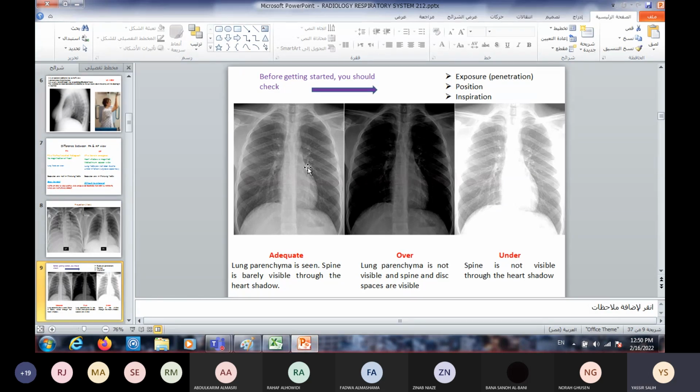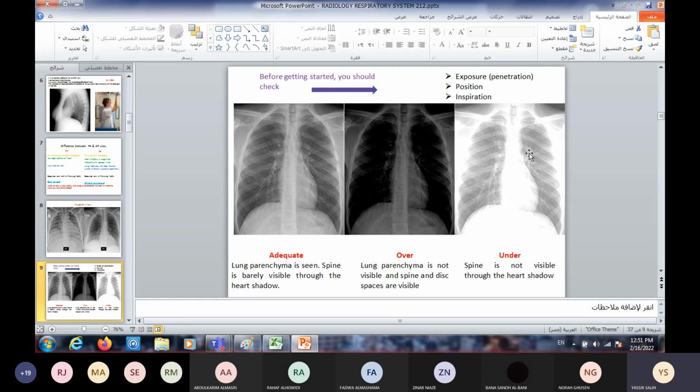This is an adequate X-ray. You can see the lung field on both sides with good quality. If there is any pathology, you can detect it easily. But in this one, if you look again at both lung fields, the two sides appear very black, very lucent.